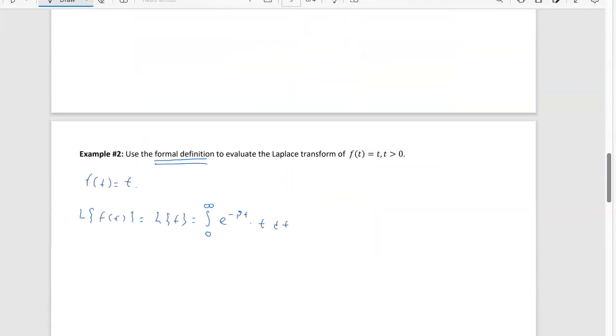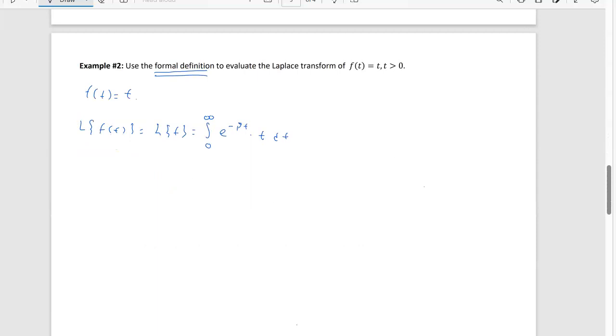And at this point, this one is going to work out okay by tabular integration. So I'm just going to write the t here, then e to the negative st. And this is going to be 1 and 0.